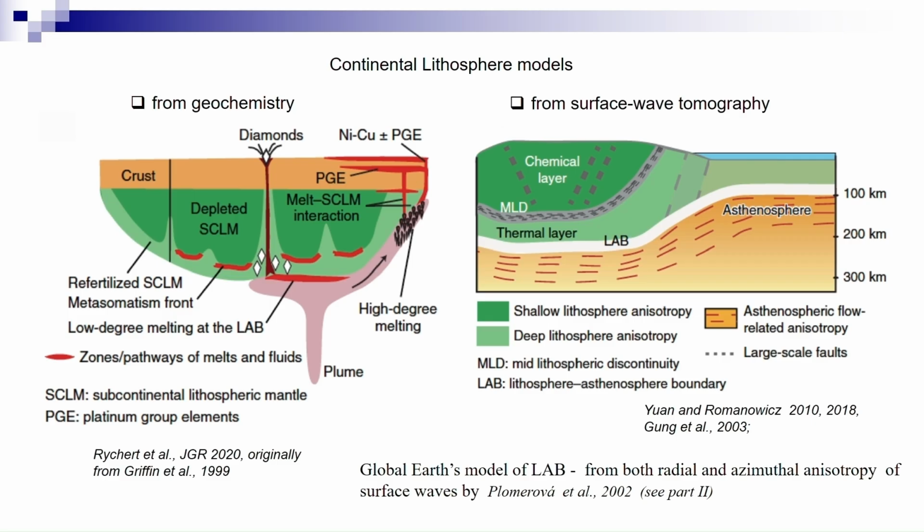Two layers are considered in the cratonic lithosphere above the anisotropic asthenosphere due to the flow of the mantle material. The upper lithosphere layer is considered a chemical layer and the lower a thermal layer, separated by the MLD. There are also LAB models which consider anisotropy both in the lithosphere and the asthenosphere.